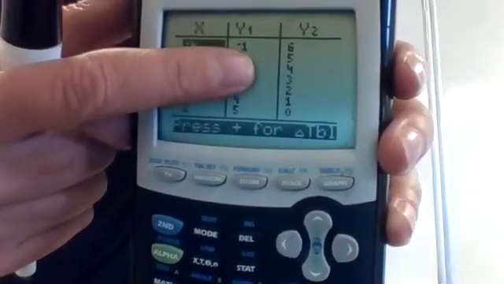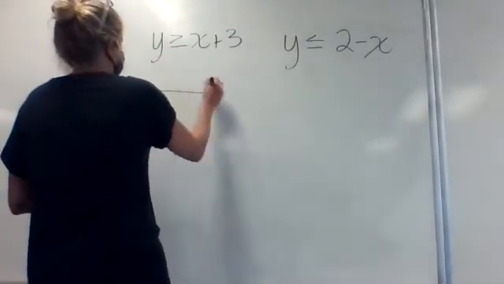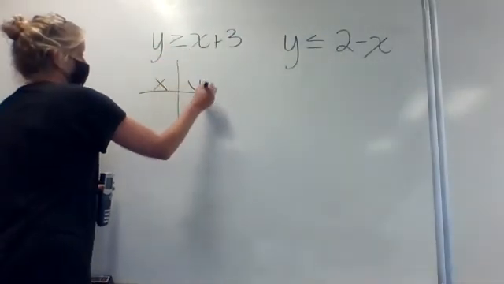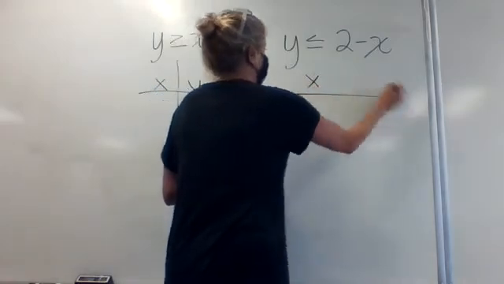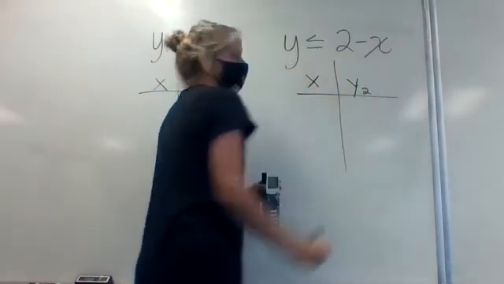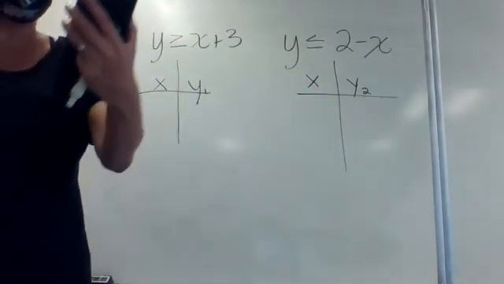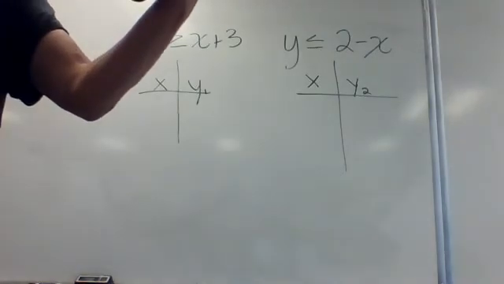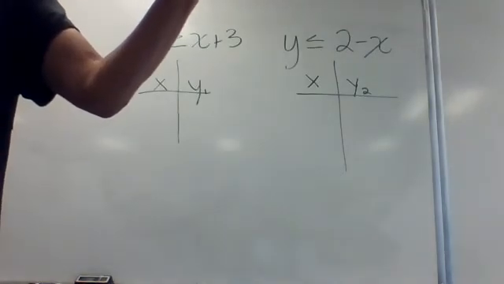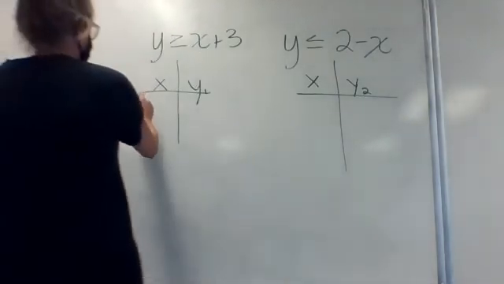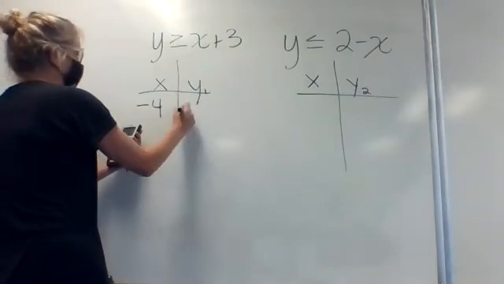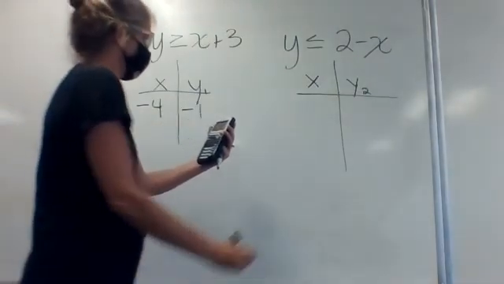Do you see how it separates the line? So y1 is going to make points on this line. And then the other one will make points on that line. So let's see, when x is -4, on this first line, my y is -1.